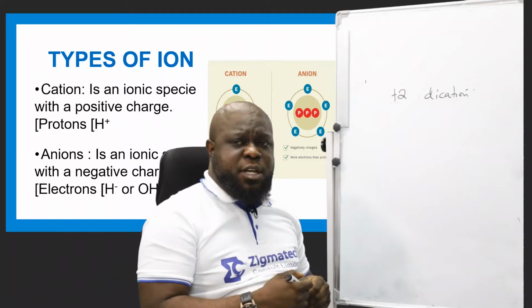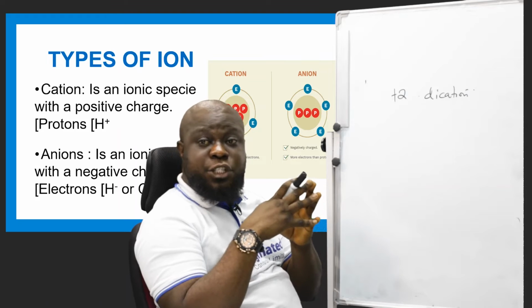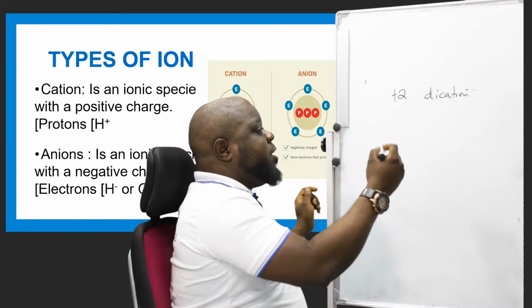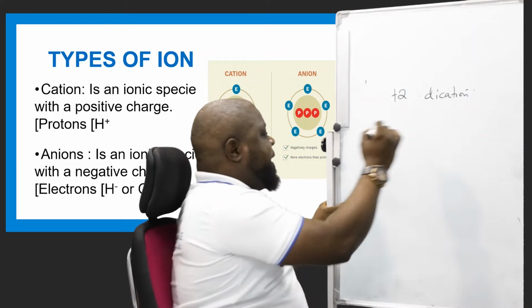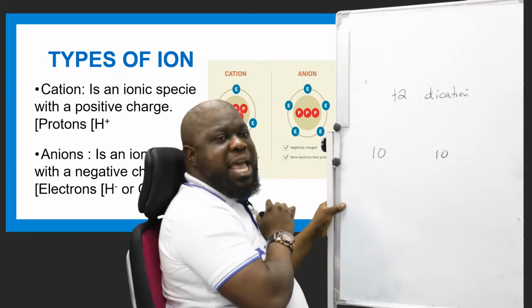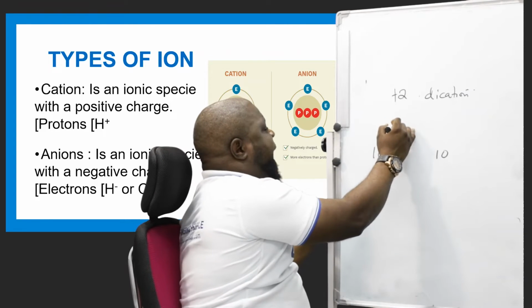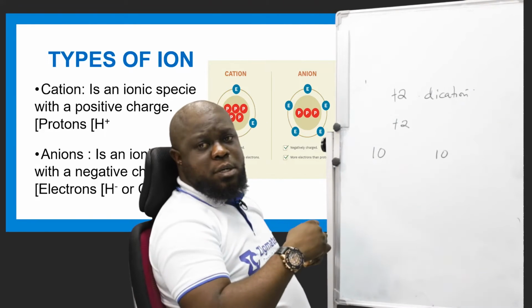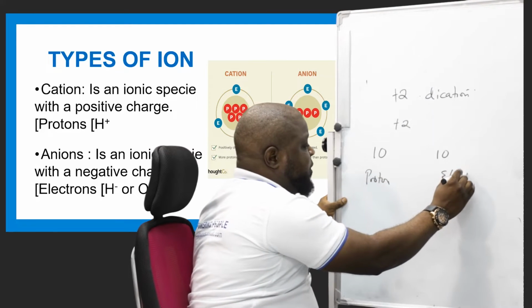Remember, in the atom, they have the same positive and negative charge, the same number. So if the protons of the atom are 10 and the electrons of the atom are 10, and this particular substance has a +2 charge, this is the proton and this is the electron.